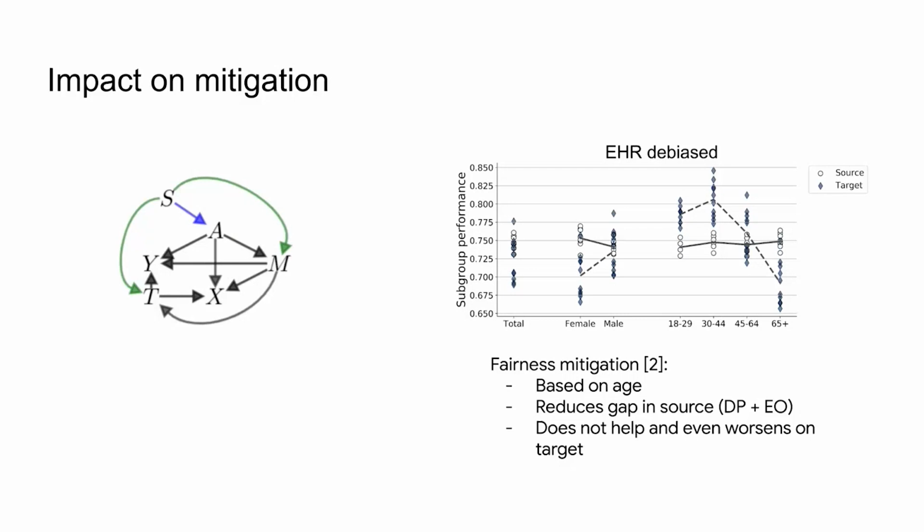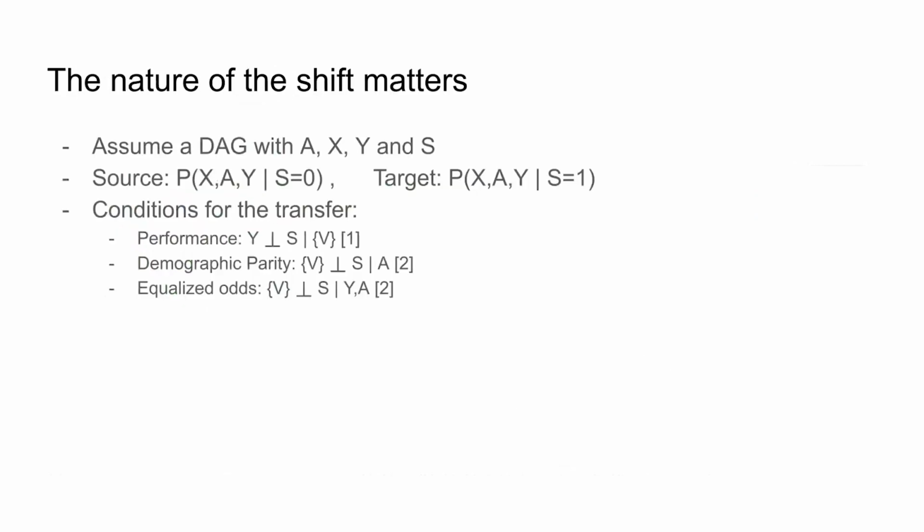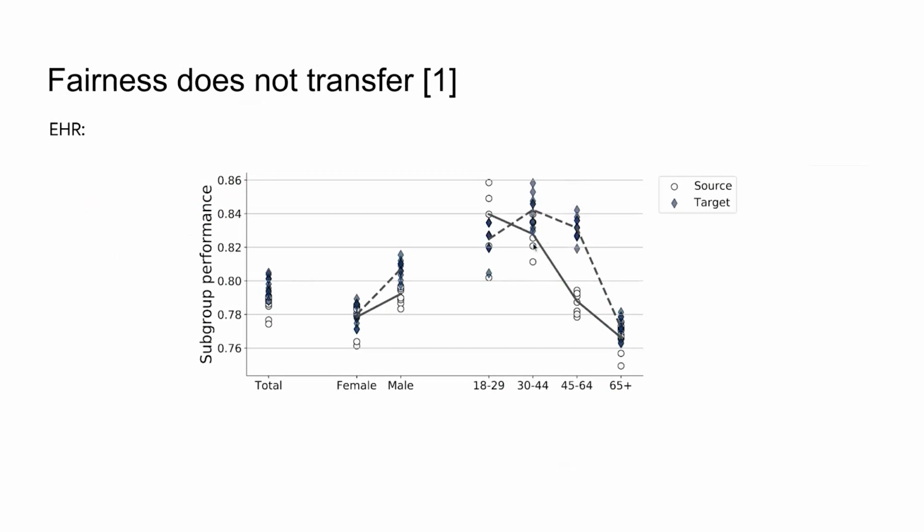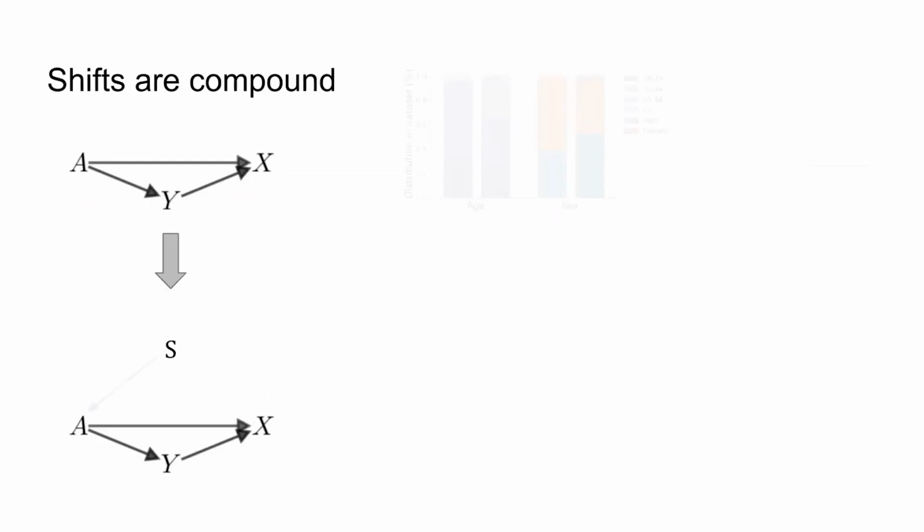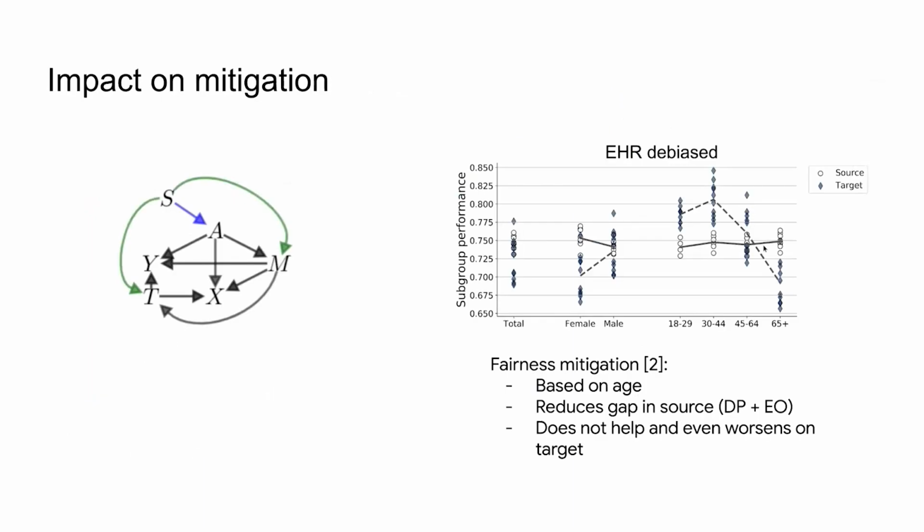If we go back to the EHR results, what we see is that in the source, the model is quite unfair with respect to age, if we decide that this is our fairness metric. So here we're debiasing those predictions using a post-processing method, and we now have a fair model on my source. How does this affect the target?